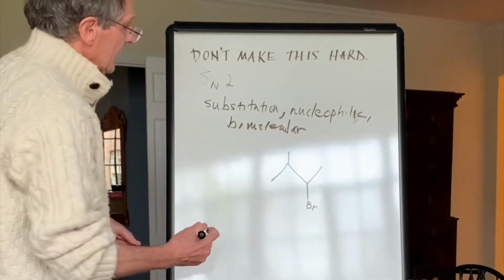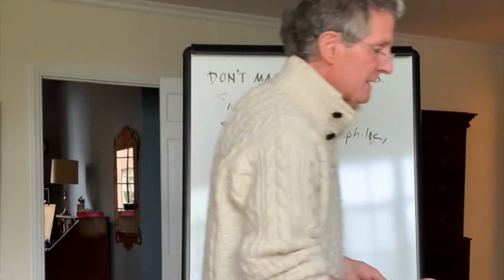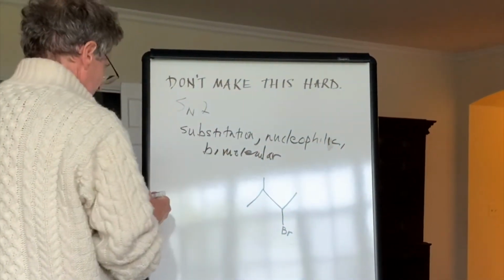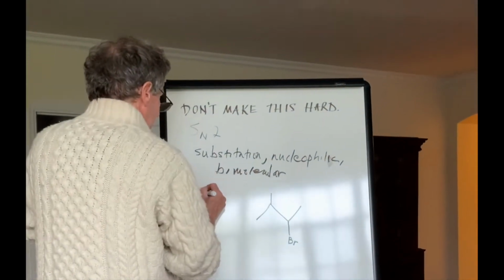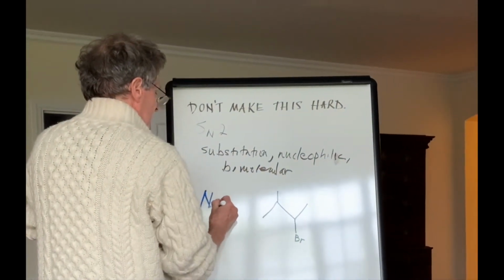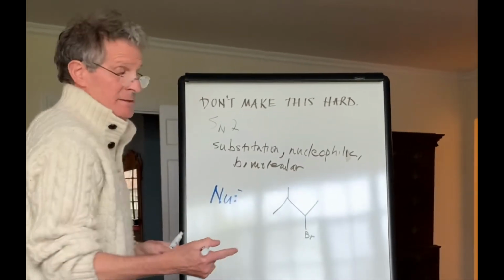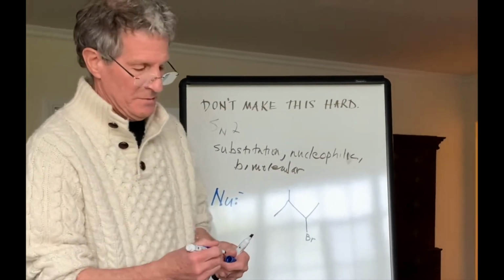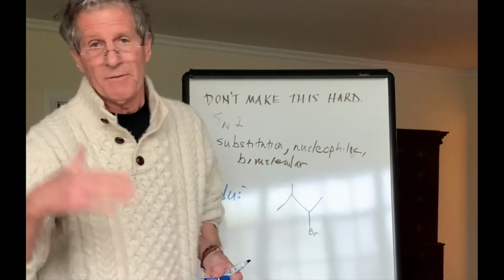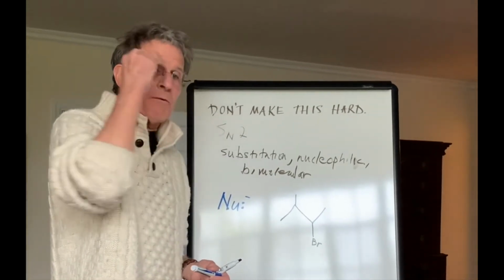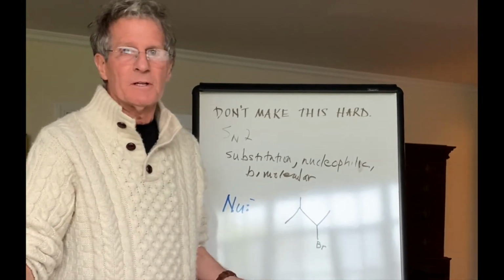2-bromo-3-methylbutane. In all of these reactions, there is a nucleophile. Now, I've told you a few times, a nucleophile is represented this way. I told you a number of times, and I asked you to remember that nucleophile is a chemical species with a pair of electrons that is available for forming a bond to a carbon. That's what nucleophiles do.